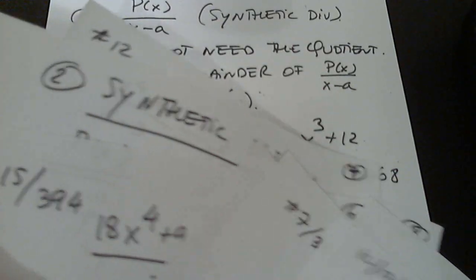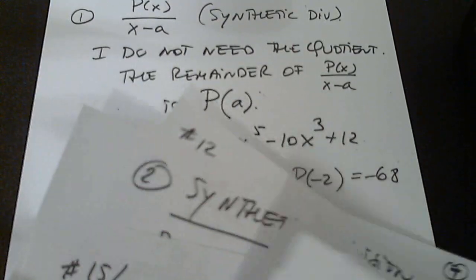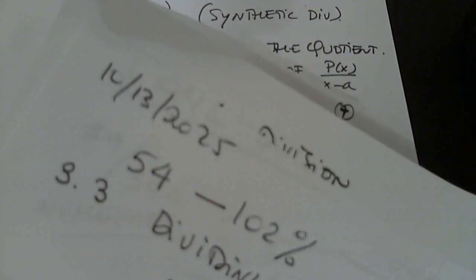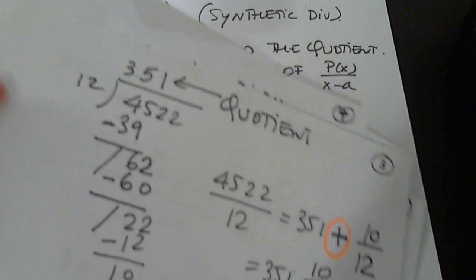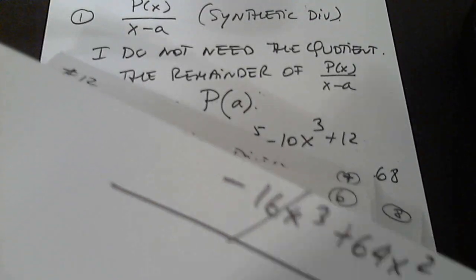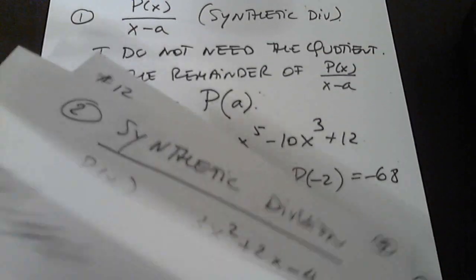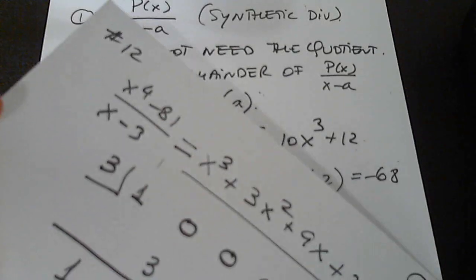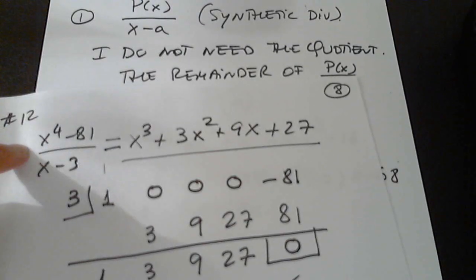Hopefully I can find it. I know I have everything here in the correct order. Where was it? It was in the synthetic division. I remember it. Yes, right here at the top.